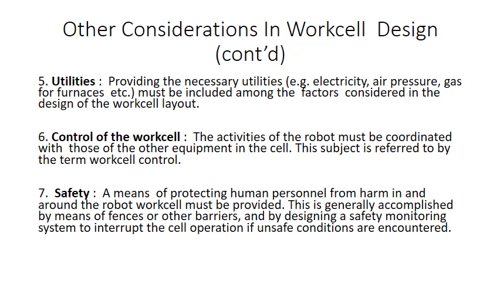This subject is referred to by the term workcell control. Seven, safety. A means of protecting human personnel from harm in and around the robot workcell must be provided. This is generally accomplished by means of fences or other barriers and by designing a safety monitoring system to interrupt the cell operation if unsafe conditions are encountered.